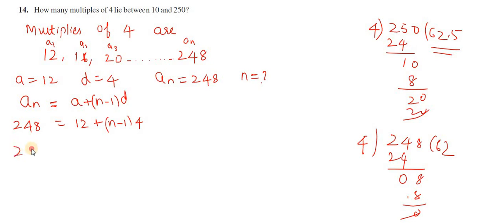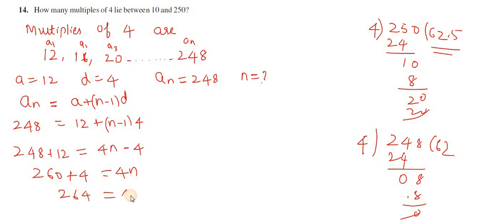So 248 plus 12 is equal to 4n minus 4. Now what is 248 plus 12? It is 260, and bring this 4 to this side, plus 4, which is equal to 4n. So 264 is equal to 4n.